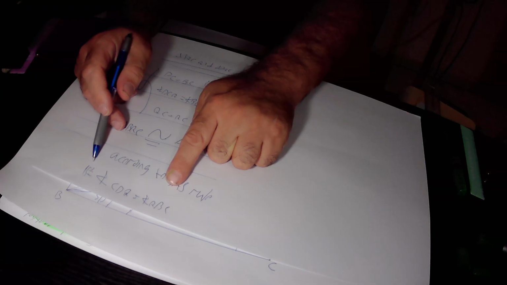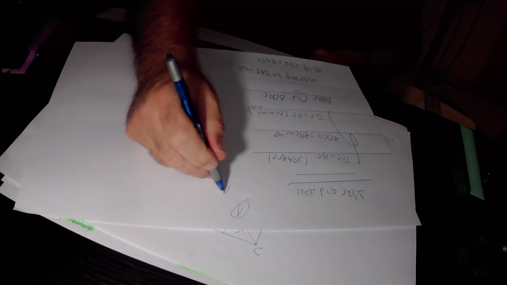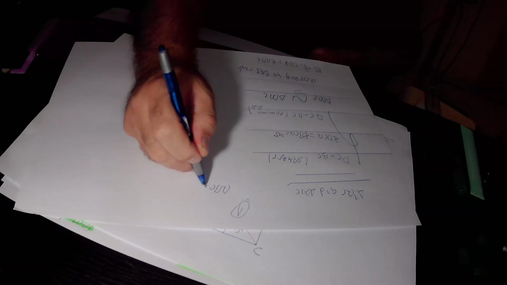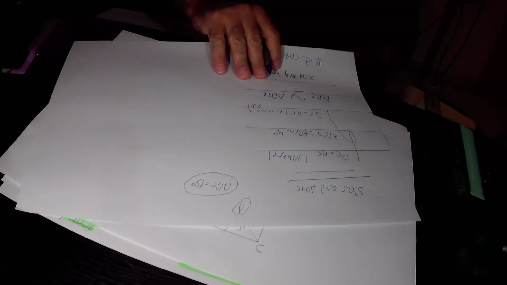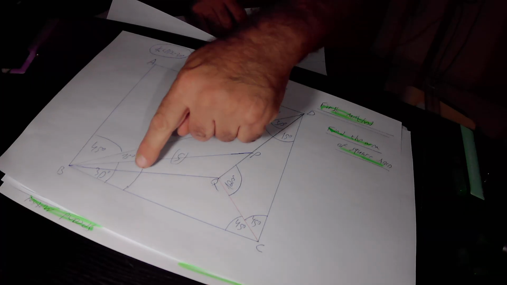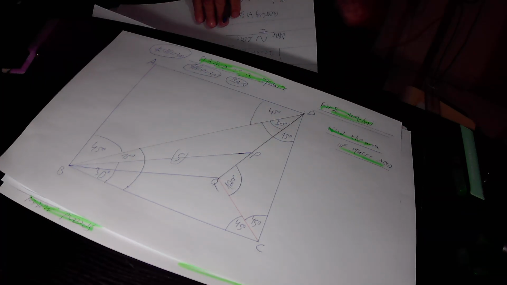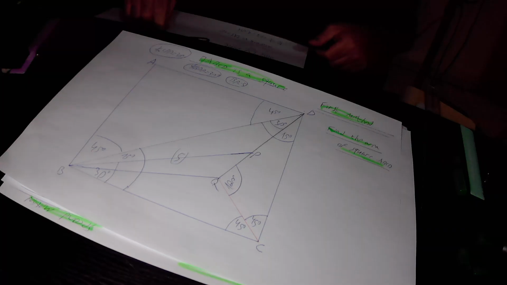Two sides of the equation are equal to each other. So angle QBC is also equal to 15 degrees in its size. This is the missing angle QBC, equal to 15 degrees in its size.